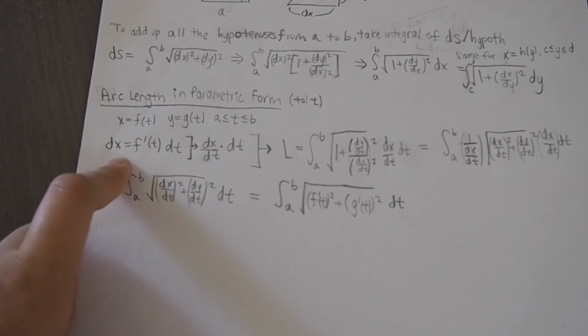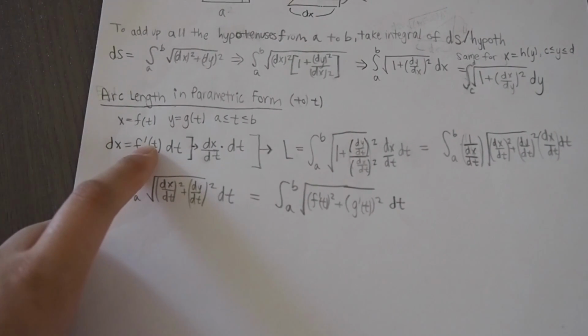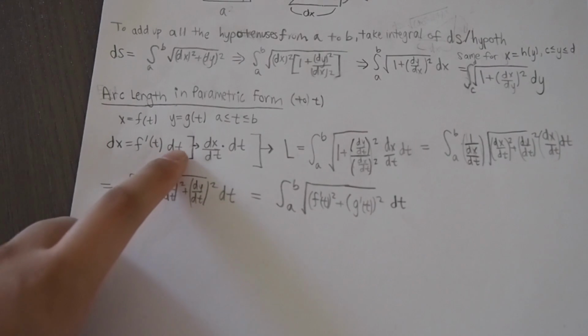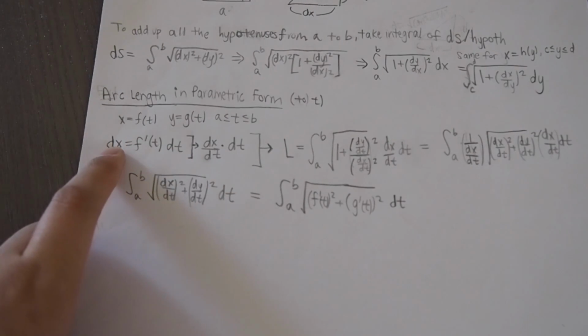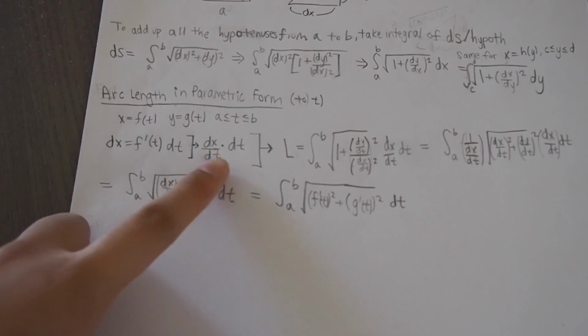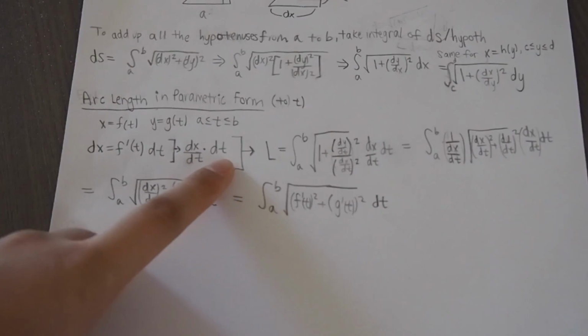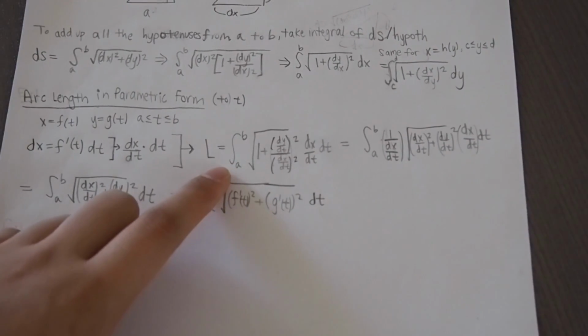We know that dx equals the derivative of f of t dt. The derivative of f of t is dx over dt, so dx is really just dx over dt times dt. That might look a little weird right now, but it makes sense in terms of the formula.